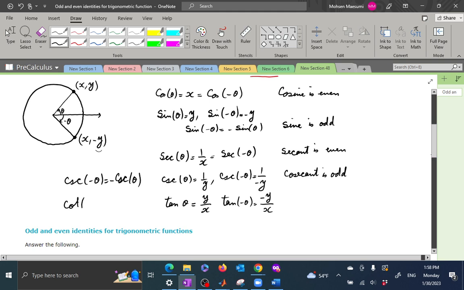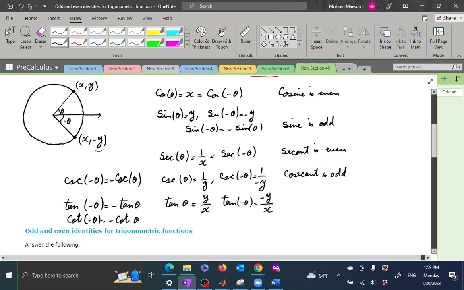Tangent of minus theta is also minus tangent of theta. Cotangent, same way, just that you have x over y, so for that one, cotangent of minus theta is also minus cotangent of theta.